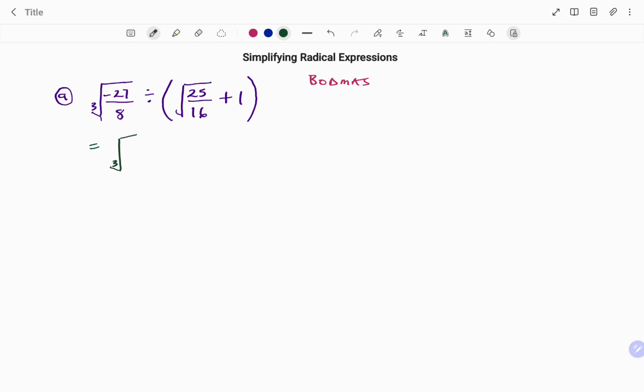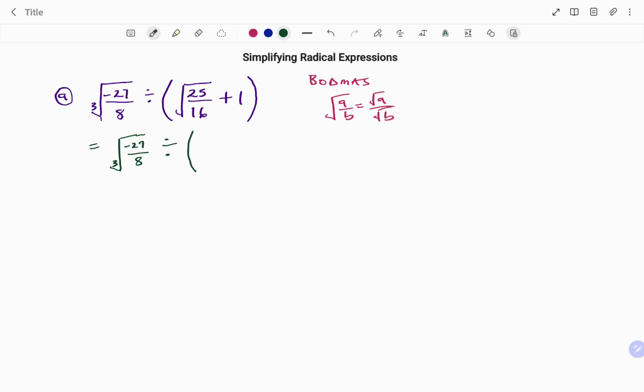I have cube root of minus 27 over 8 divided by, I will start with the content of my bracket. In my bracket, I have square root of 25 over 16. The rule states that square root of a over b is the same as square root of a over square root of b.